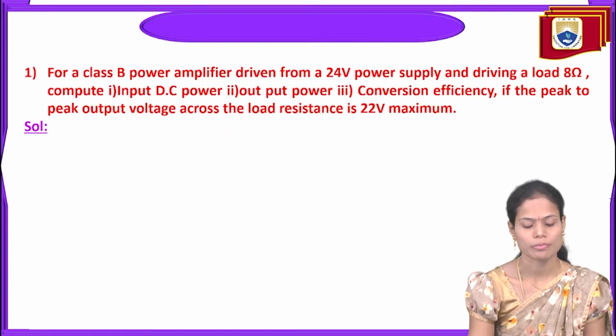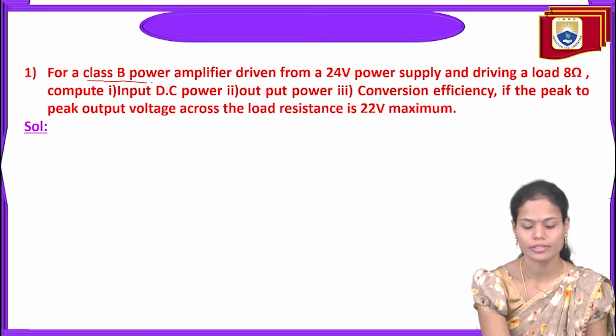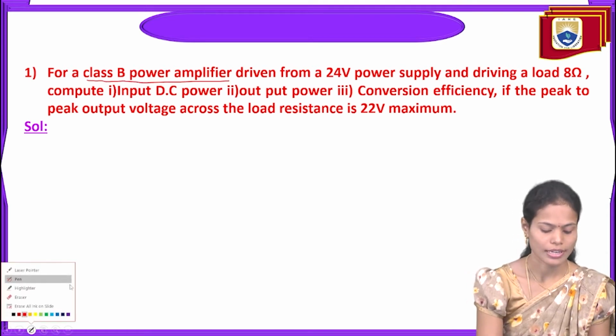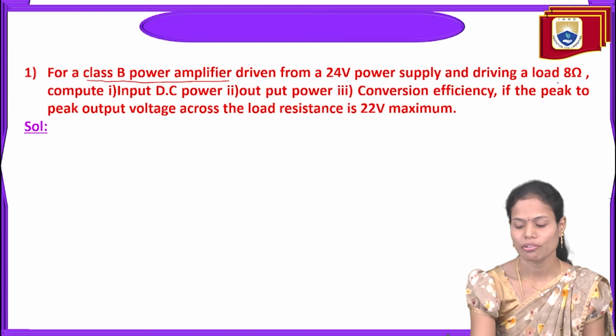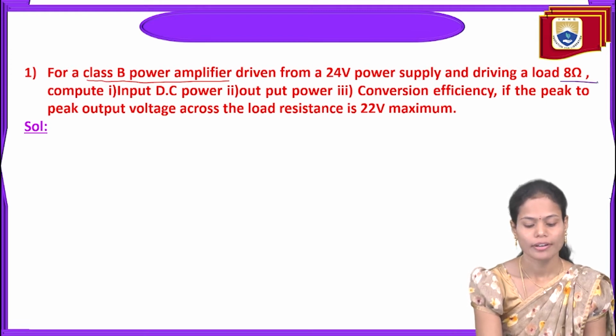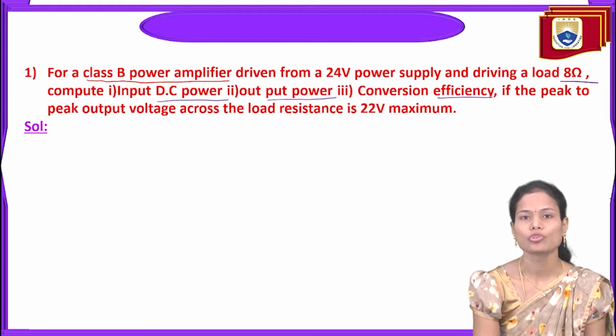Now we will see the problems related to these different types of power amplifiers. Coming to the first problem, it is a Class B power amplifier driven from a 24 volt power supply and driving a load of 8 ohms. We need to find the DC input power, the output power, and the efficiency if the peak-to-peak output voltage across the load resistance is 22 volts maximum.